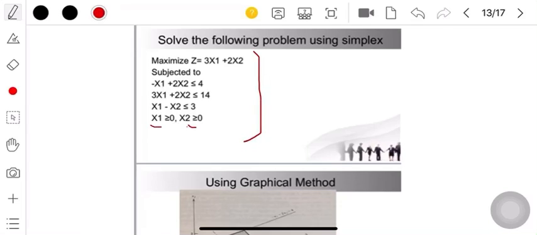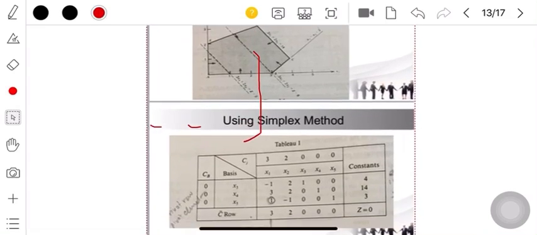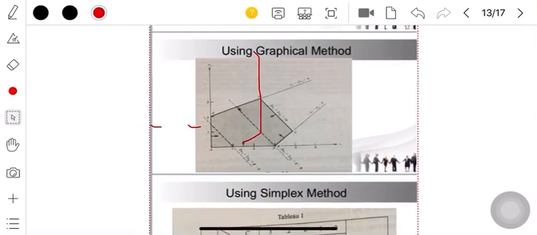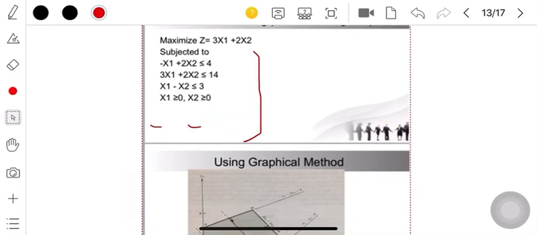First of all, just solve this using the graphical method, which is very simple. This is the solution using the graphical method. You can find the solution very easily, but our aim is to define the simplex method. I will discuss it here as well.